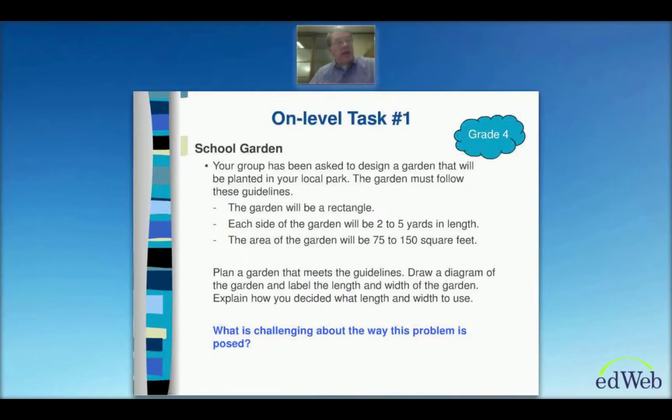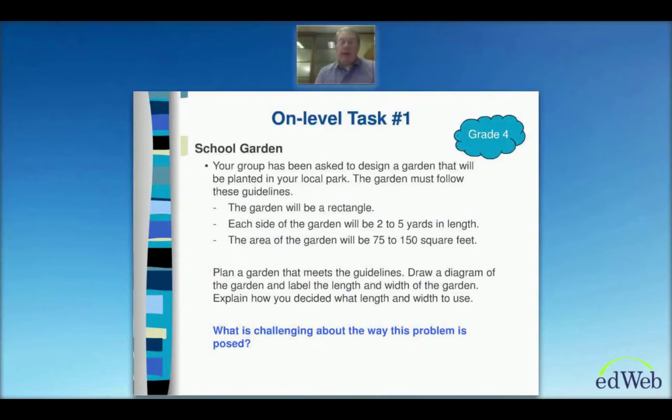So now let's take a look at the school garden performance task and think about what's challenging about the way the problem is posed. So I want you to just think about this for a minute, and if you're with someone else, you can talk about what you think is going to be difficult for kids in terms of solving this problem.